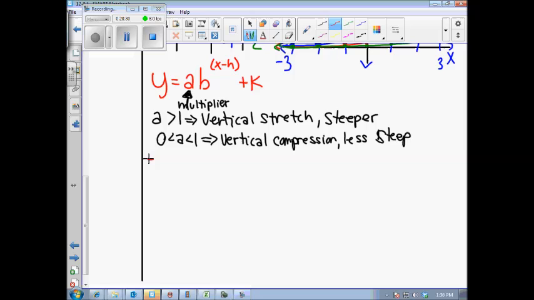Okay, example 2. Now we're going to look at what the H's and the K's do. We will be doing another graph, so if you don't have room on the front side, flip it over to the back side.